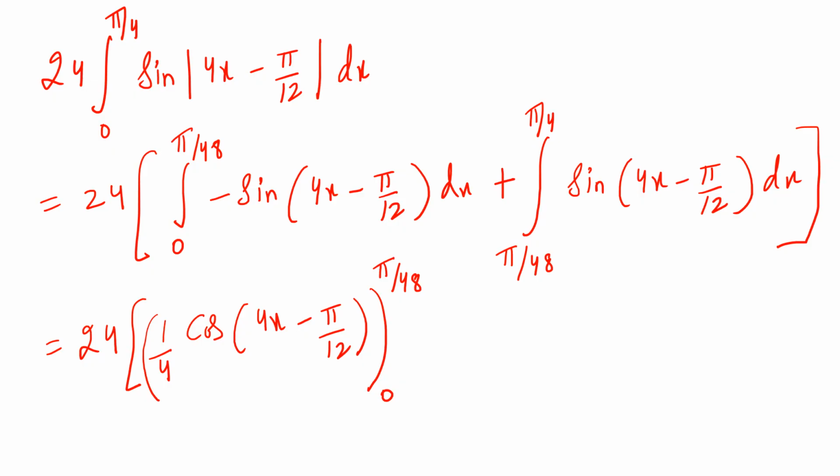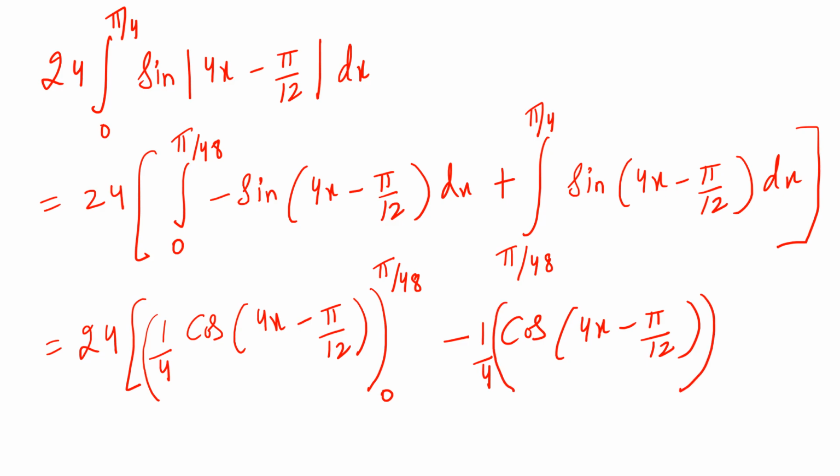And then we have minus cos of (4x minus pi upon 12) divided by 4, and this value is under the limits pi upon 48 to pi upon 4.